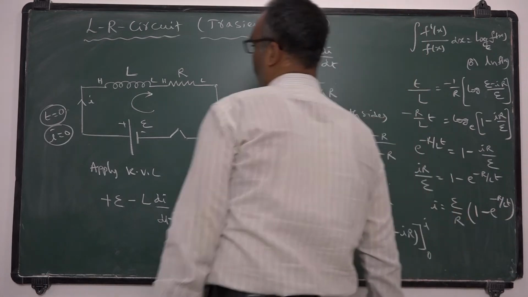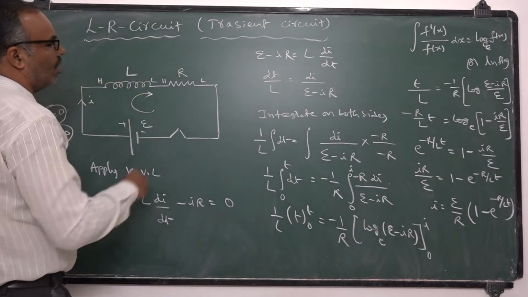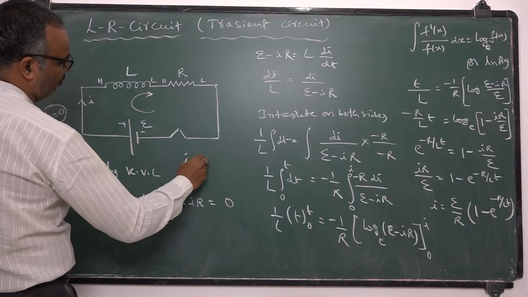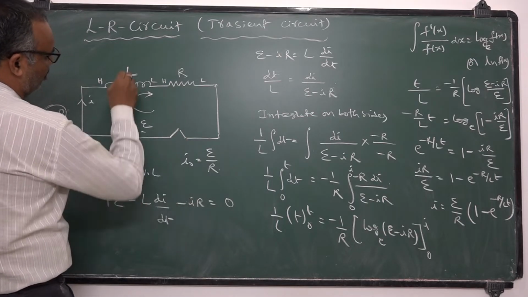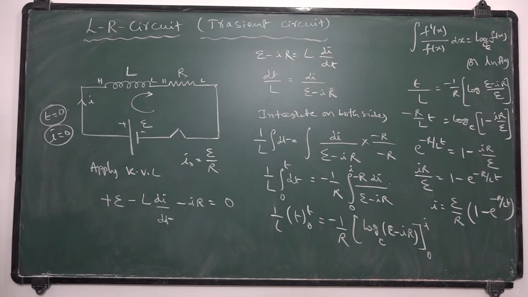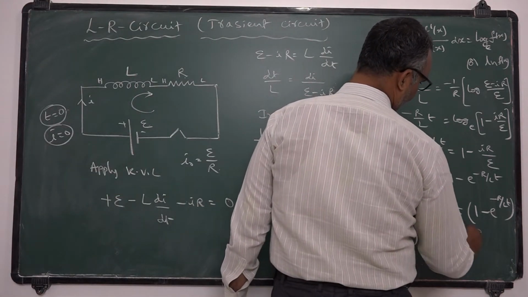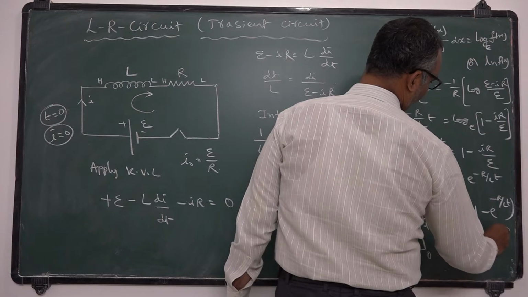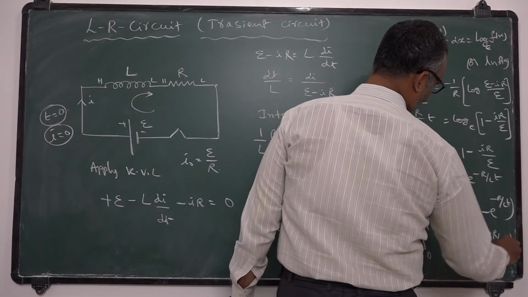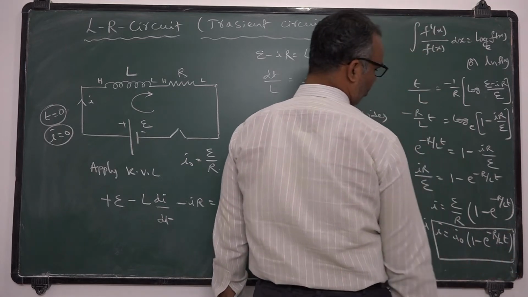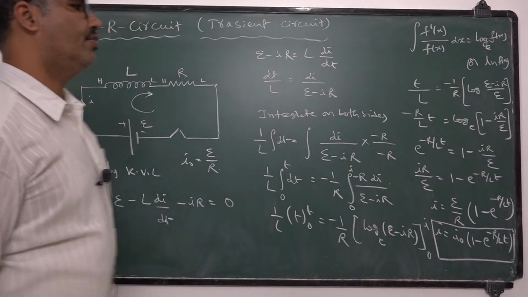What is E by R? E is the EMF in the circuit, R is the resistance of the circuit. So the maximum current that can flow through the circuit is E by R without considering the potential drop at L. So I is equal to I naught, the maximum current, into 1 minus e power minus R by L into T. This is the general formula for the growth of current through the circuit.